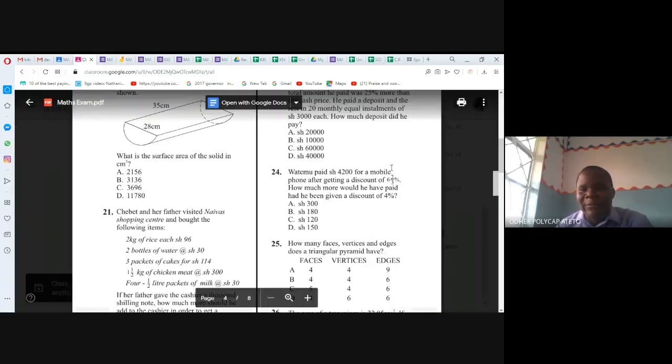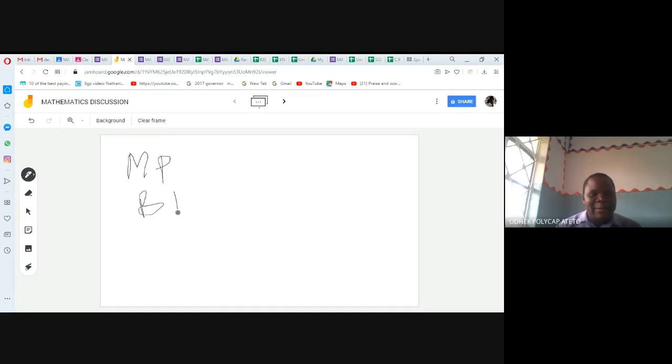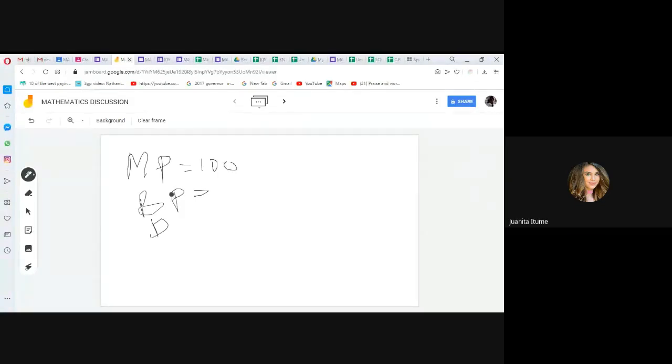Okay. So what we are supposed to do here, because of time, remember, in the discount, we have only 3 things. We have market price, we have buying price, and we have discount. So make sure you understand these 3 things. And the percentage for this is always 100%. Market price is 100%. True or false? Then buying price will depend on the discount.